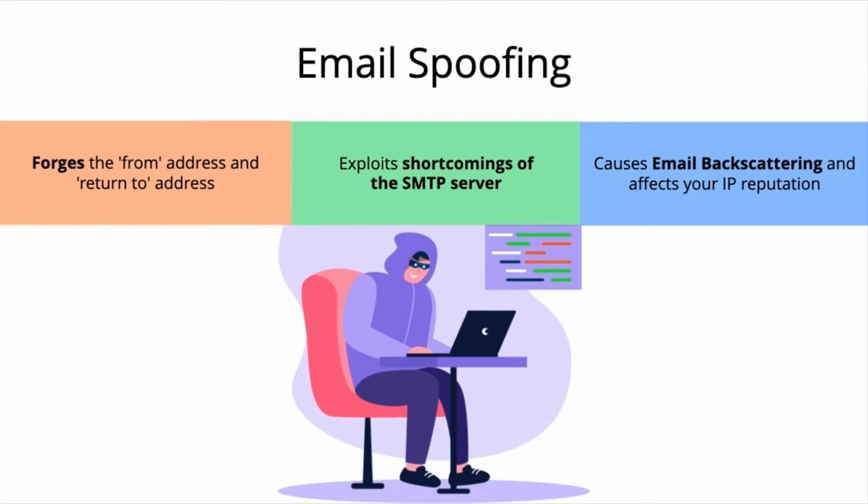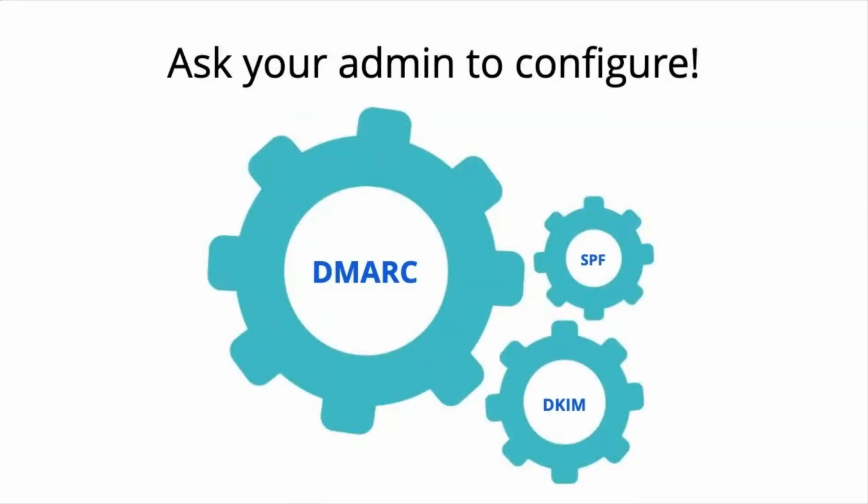It's just a spammer exploiting your email address for their benefit to trick users you might know or may not know. You can prevent this from happening by asking your admin to configure SPF, DKIM, and DMARC for your organization's domain. Please refer to our previous webinar on spam to know more about these protocols.